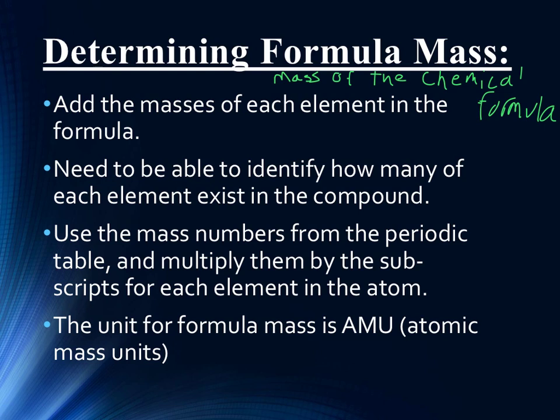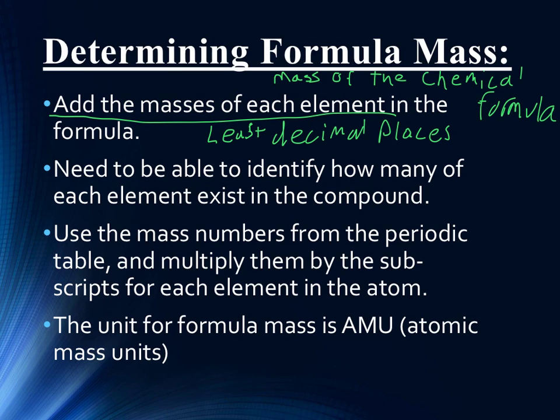They busted the creativity box to come up with a name for this one. Anyway, to find this, we have to find the masses of each element, and we add them together. So you've got to remember your addition sig fig rules. We've got to go least decimal places.